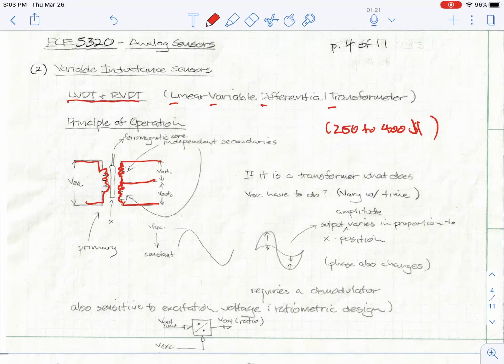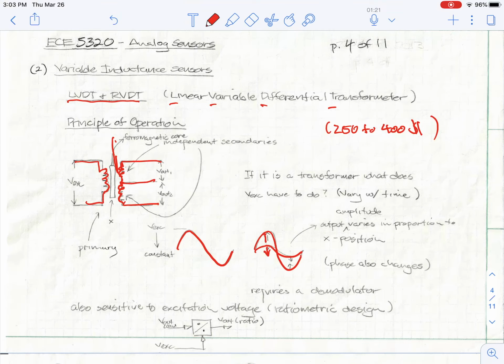And what happens is I excite the primary with an AC voltage. The reason I have to use an AC voltage is because this is a transformer, and it will not transform DC. And what I'll get out of this as the core moves up and down is a modulated amplitude.